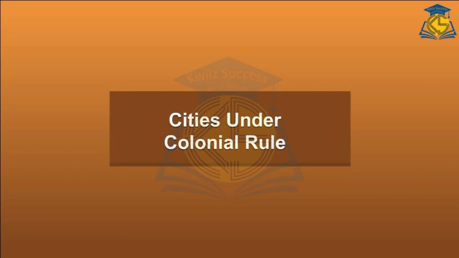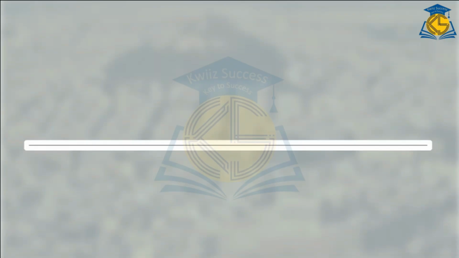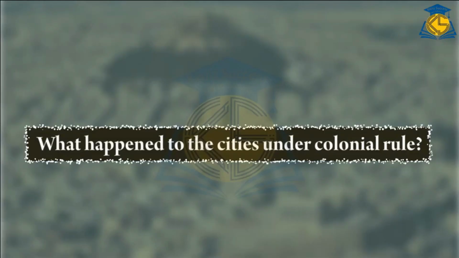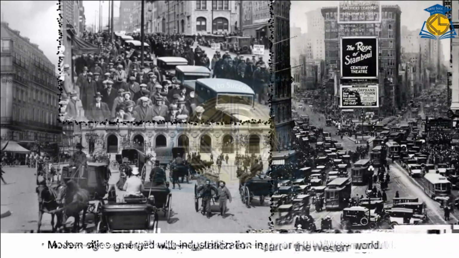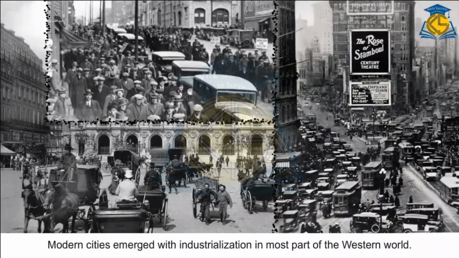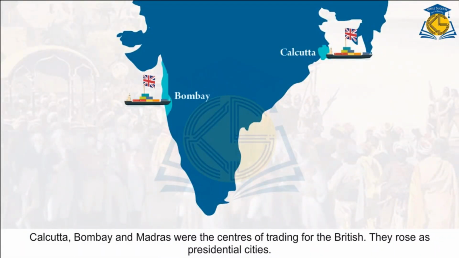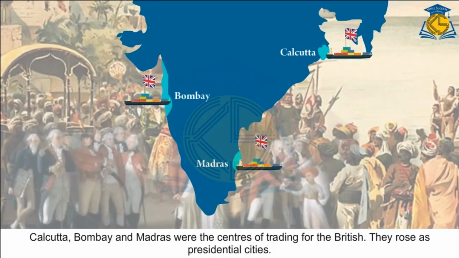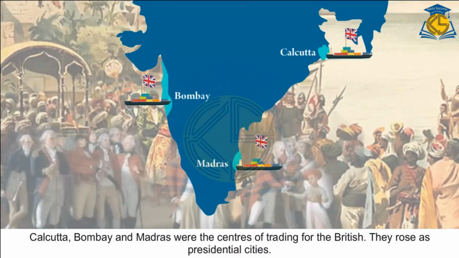Cities under colonial rule. What happened to the cities under colonial rule? Modern cities emerged with the industrialization in most part of the Western world. Calcutta, Bombay and Madras were the centers of trading for the British. They rose as presidential cities.